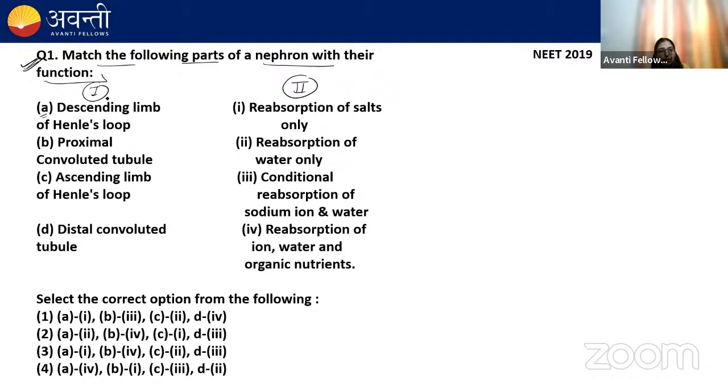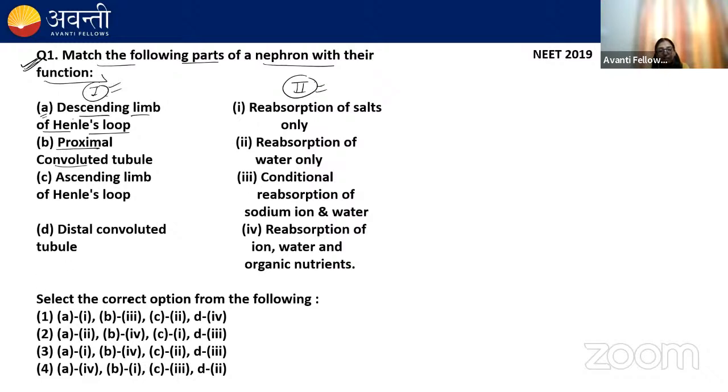Column 1 has the descending limb of Henle's loop, proximal convoluted tubule, ascending limb of Henle's loop, and distal convoluted tubule. Now column 2 has reabsorption of salt only, reabsorption of water only, conditional reabsorption of sodium ions and water, and reabsorption of water, ions, and organic nutrients. Now you have to match column 1 with column 2.